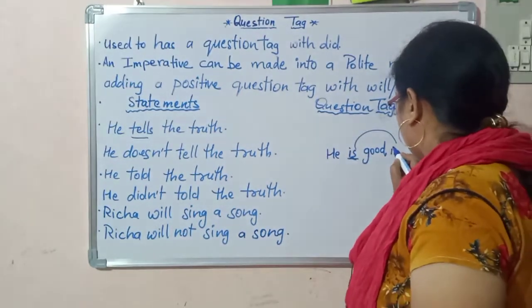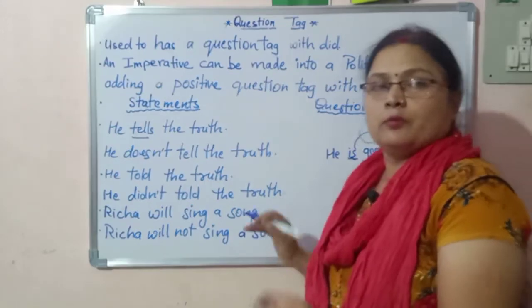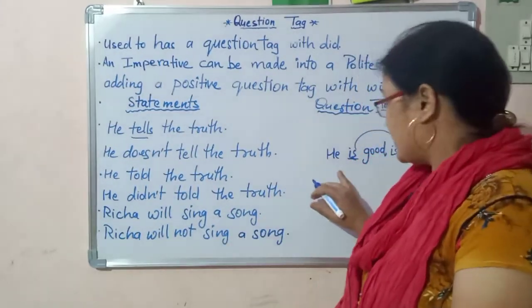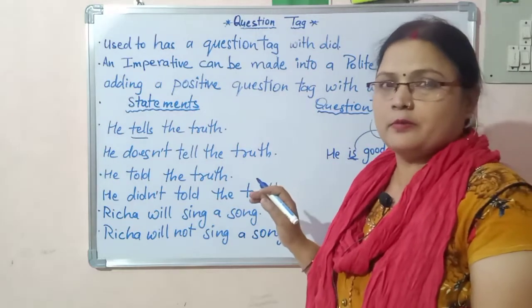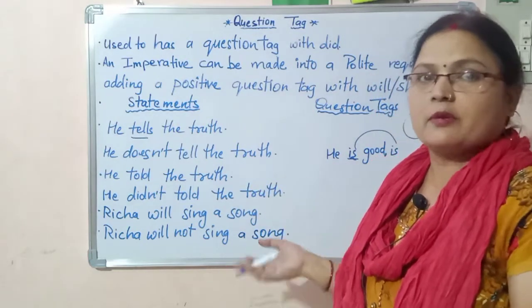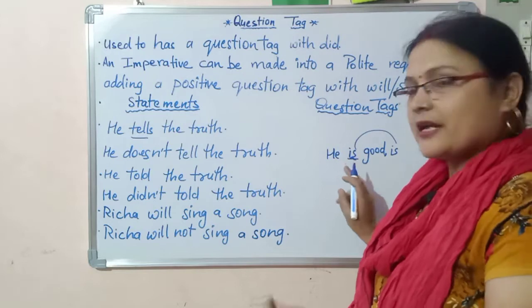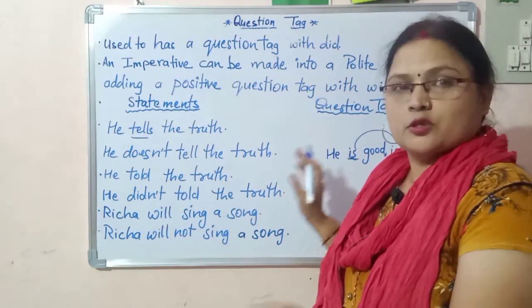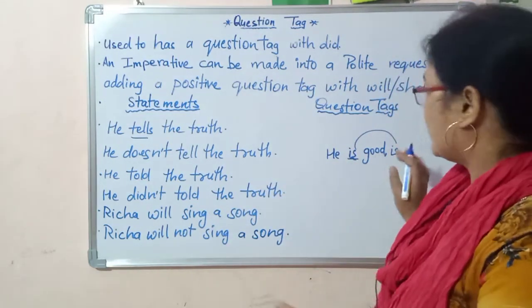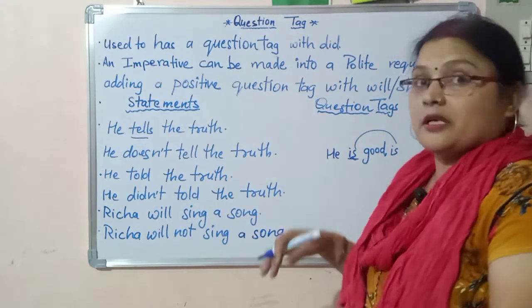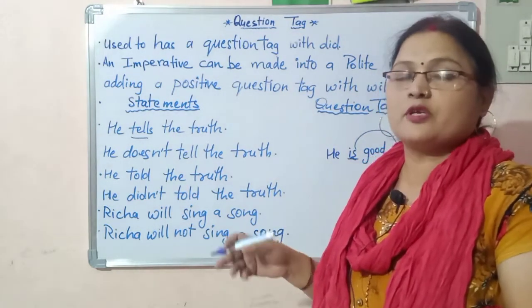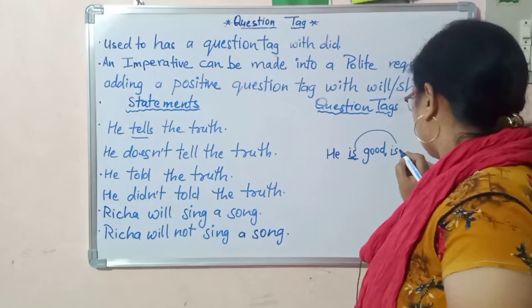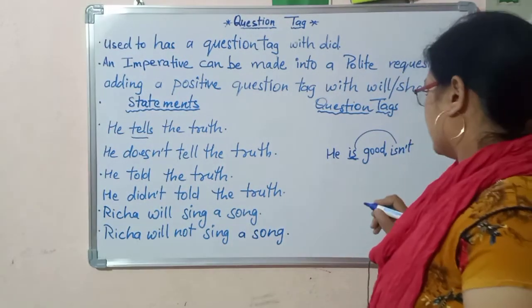So, is. Before, I told you: statement positive, tag will be negative; statement negative, tag will be positive. The statement is positive, so the tag must be negative. We don't use is not; we always use the contracted form, isn't.